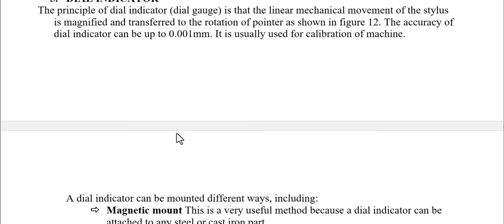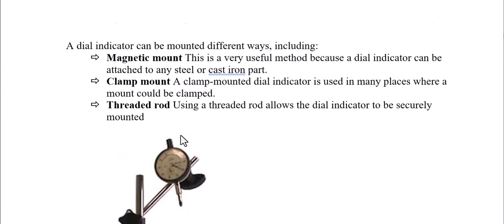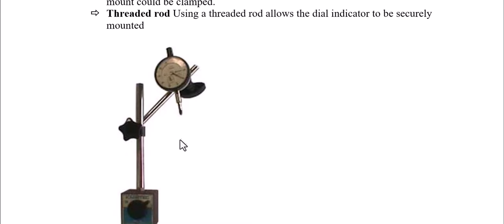We have a dial indicator itself. The linear mechanical movement of the stylus is magnified and transferred to the rotation of a pointer, as shown in figure 12. The accuracy of a dial indicator can be up to 0.01 millimeter, as you can see here. So you measure the dimensions here.